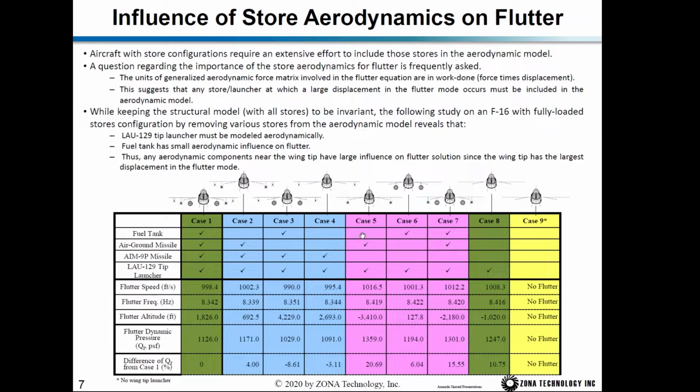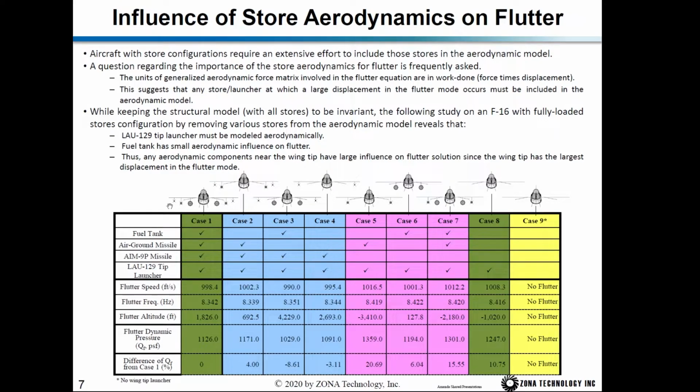If we take out the fuel tank and then the M9P missile, all of a sudden we have 20% error. If we take out the air-to-ground and the M9 missile, the error is 6%. If we only take out the M9P missile, the error is 15%. If we take out all of that and only keep the tip launcher here, we have 10% error.